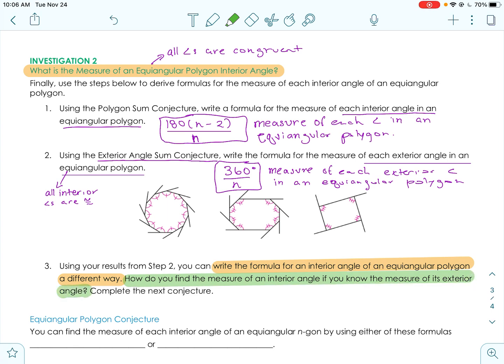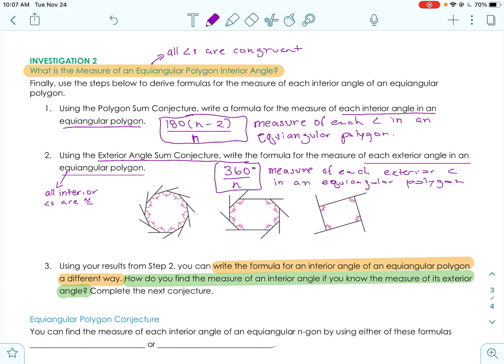So another way that we could write this is, we know that each interior angle and the corresponding exterior angle are linear pairs.